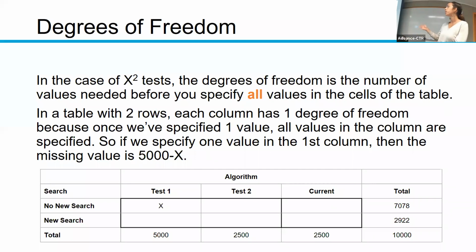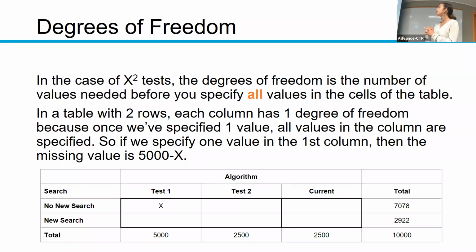For this example, where we have 2 categories for the search variable and 3 categories for the algorithm variable, we assume that we know the total number of no new searches, which was 7,078, the total number of new searches, which was 2,922, as well as the total counts for each algorithm. So this was 5,000, 2,500, and 2,500 respectively.